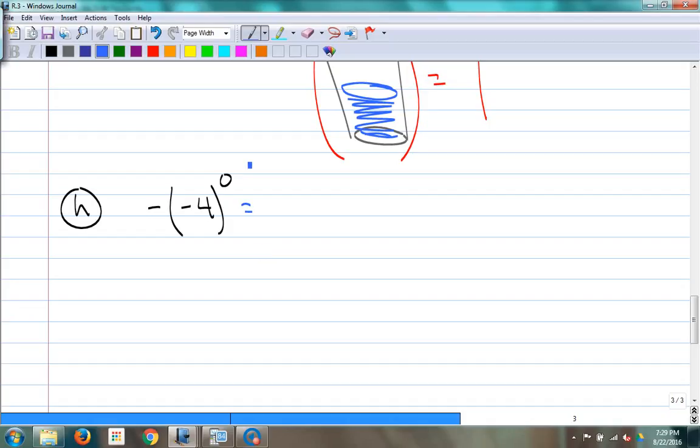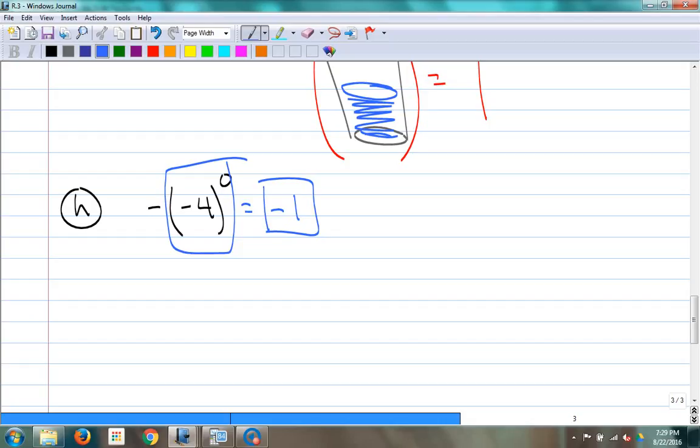Yeah, so this part turns into 1, but then what's that negative out in the front do? It stays there. So that makes that what kind of 1 over here? A -1. That's the most problematic type of problem with the 0 exponent, is when that negative is hanging out in the front. It has nothing to do with that 0 exponent.